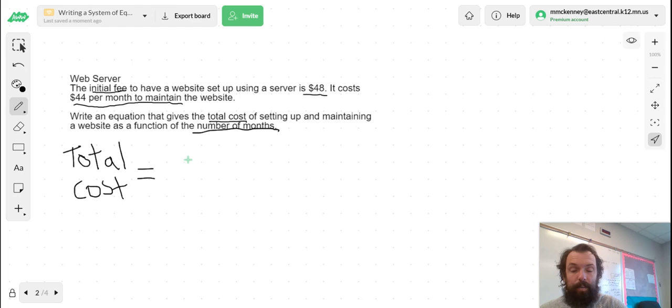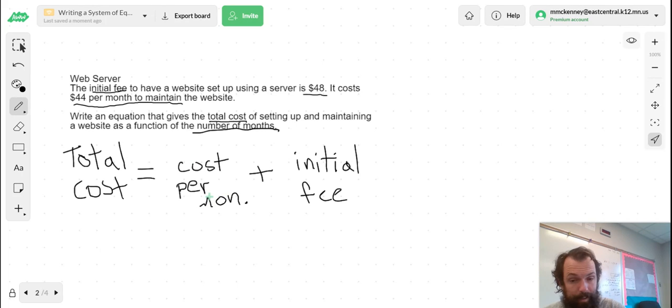Again, we have 2 things that can change: the number of months we want to maintain the website, and the total cost will increase as the months increase. So 2 variables. I'm going to use a capital C for total cost. Because we're doing it per month, I'm going to use a small m.